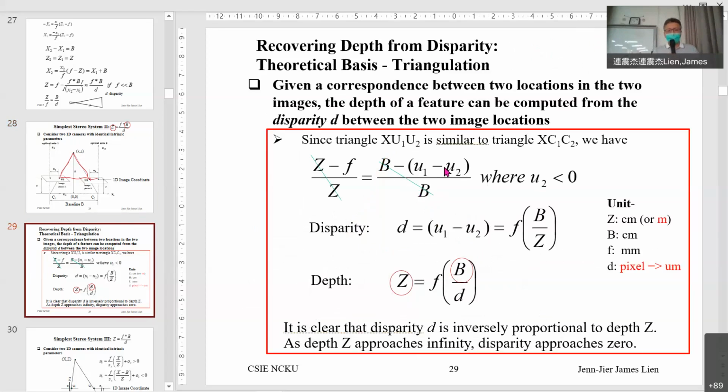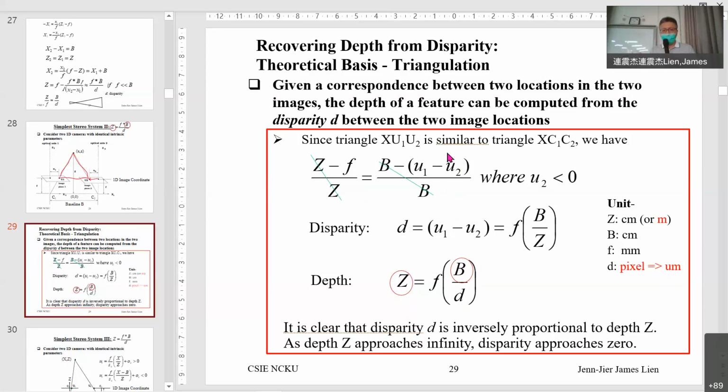What you do is U1 minus U2. U2 is smaller than 0, so that means U1 minus U2 will be the distance between the two. That is what we call disparity.